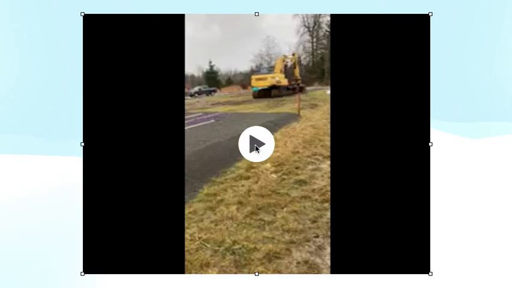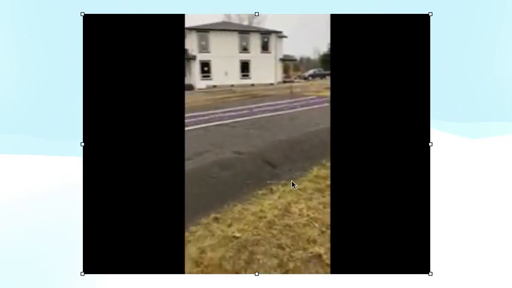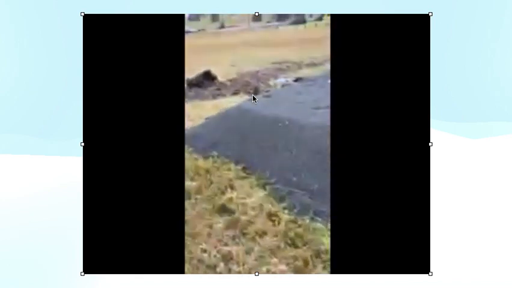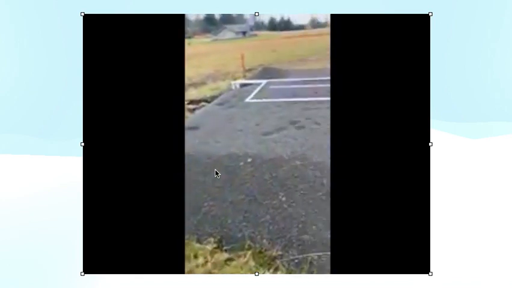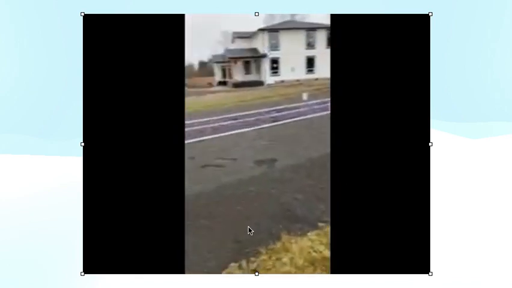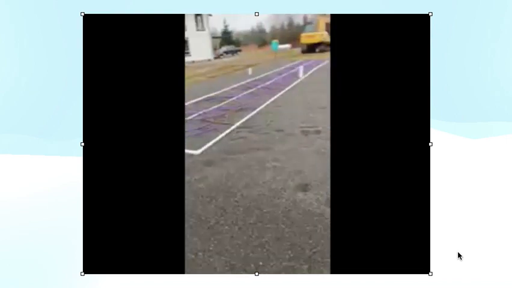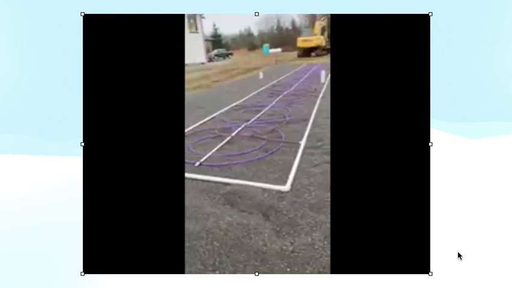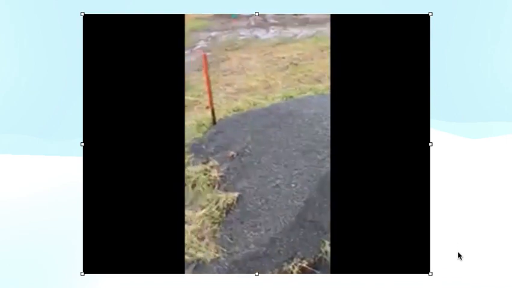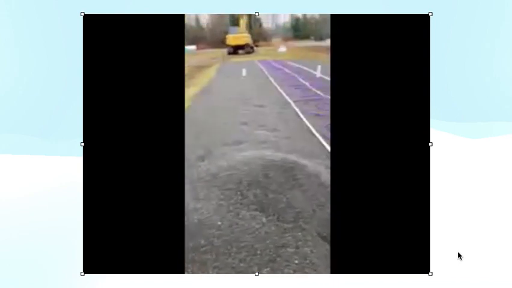So let me start playing this to make it clear. So you see just getting deeper. And you may look at this and think, oh, that's not that much. It's maybe a difference of anywhere between 6 and 12 inches. It is a difference. Keep in mind that Oscars and Oscar XO2 are being installed more often than not in soils that either don't have a lot of soil, or the soil is marginal.